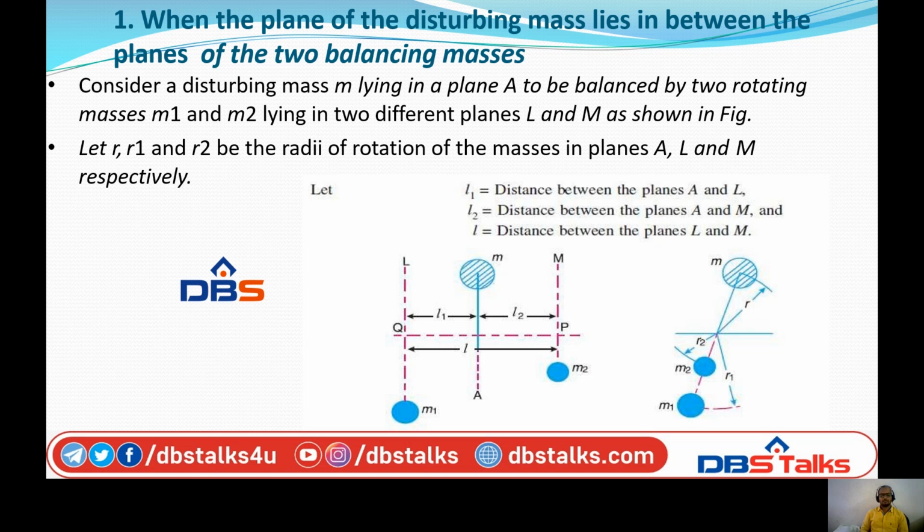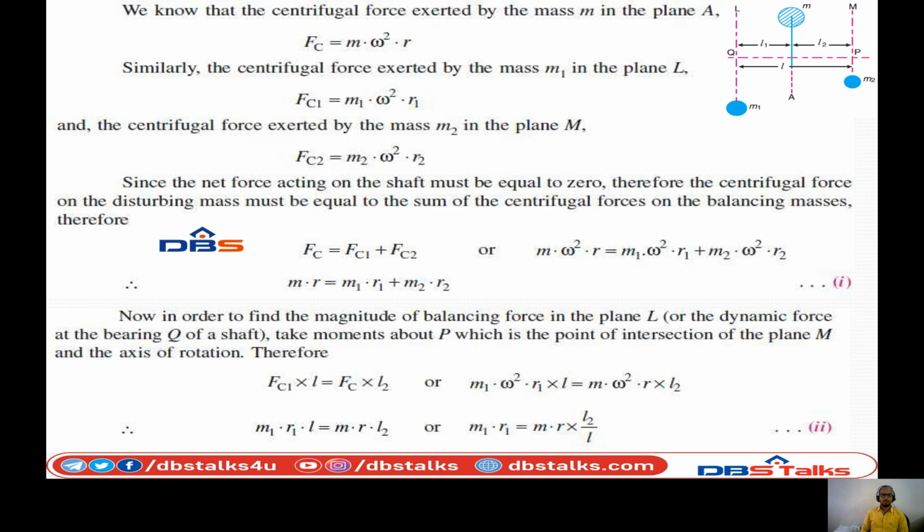We know that the centrifugal force exerted by the mass M in the plane A is M omega square R. Similarly, the centrifugal force exerted by the mass M1 in the plane L is Fc1 equal to M1 omega square R1, and the centrifugal force exerted by the mass M2 in the plane M is Fc2 equal to M2 omega square R2.